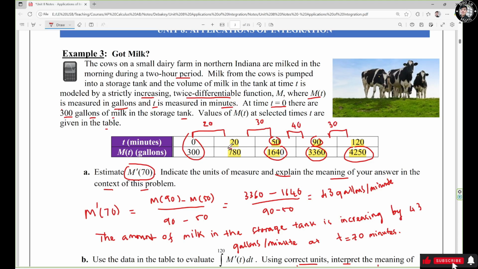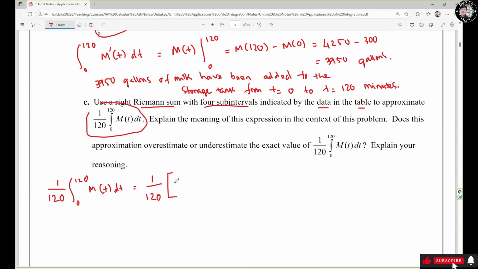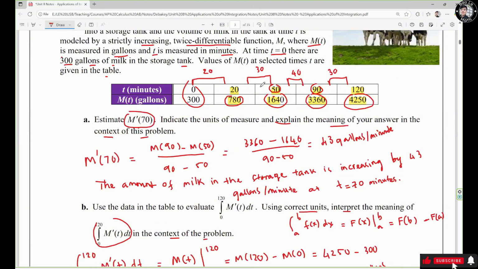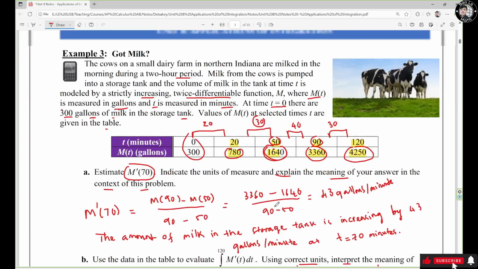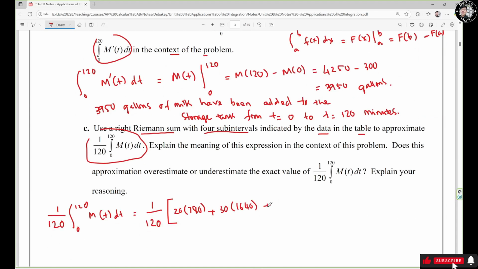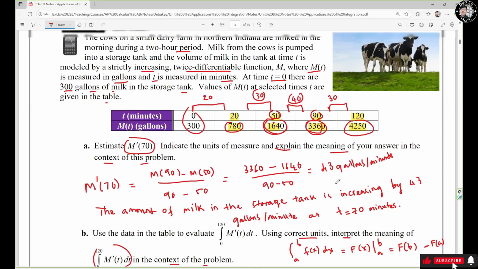And the height is right here. So we have 20 times 780, plus 30 times 1640, plus 40 times 3360, and the last one, 30 times 4250.